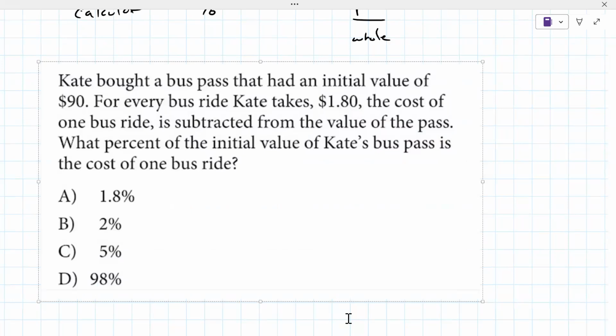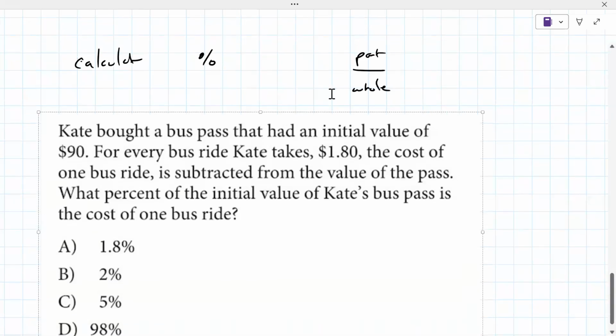He bought a bus pass as the initial. Wait, so if I'm putting the whole, which would be the 90, right?